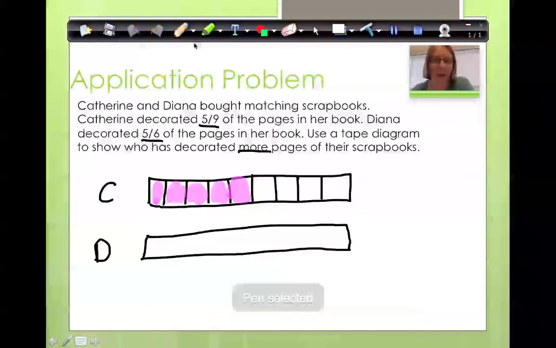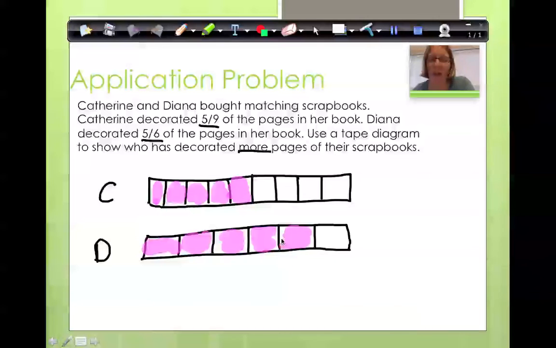Okay, now let's do 5/6. So 6 is going to be simple because I just know that I cut my thirds in half. Okay, now I'm going to have 5/6, so that's 1/6. So it's 2/6, 3/6, 4/6, 5/6.